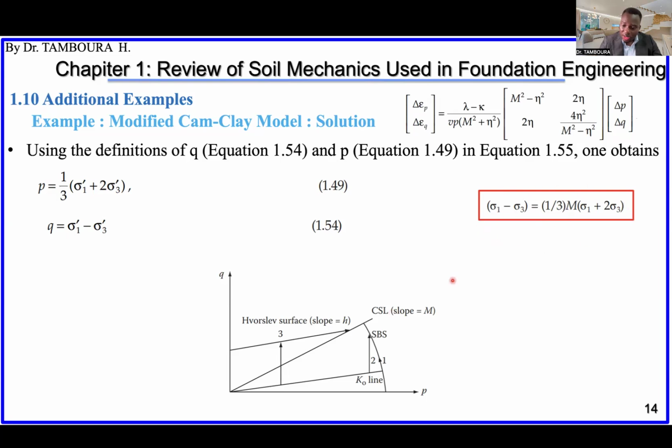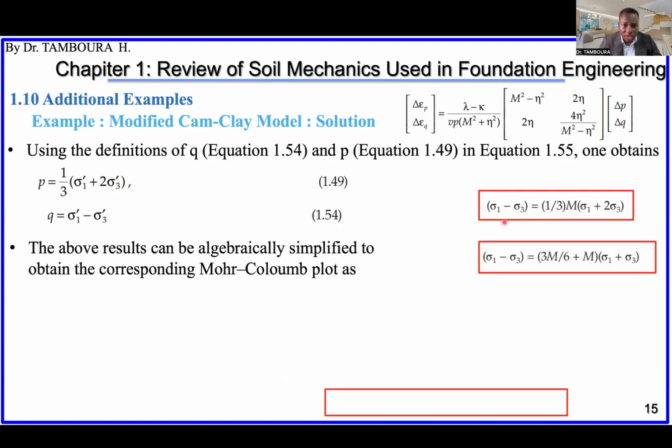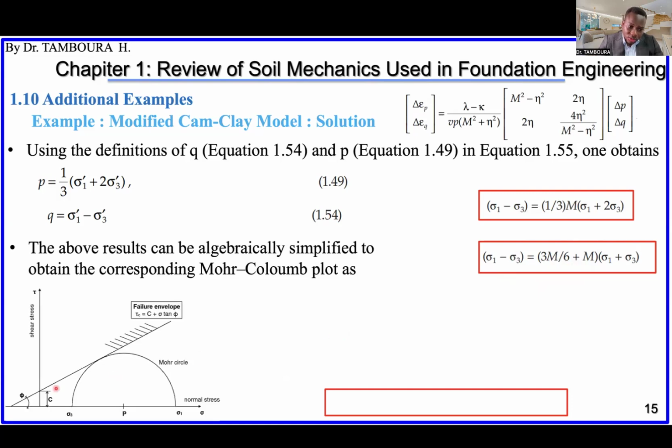Okay, then by using this, we can modify this a little bit to obtain something like that, which will help us correspond to a Mohr-Coulomb plot. This will be similar to the Mohr-Coulomb. You can modify this equation to this one also very easily. So the Mohr circle is this one.